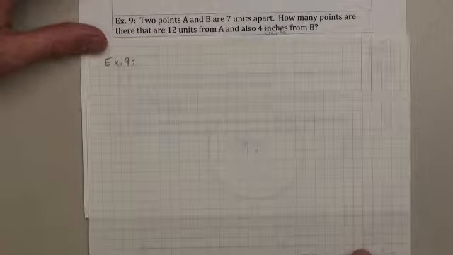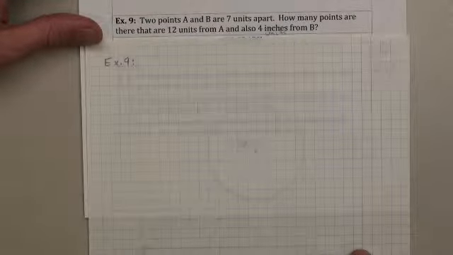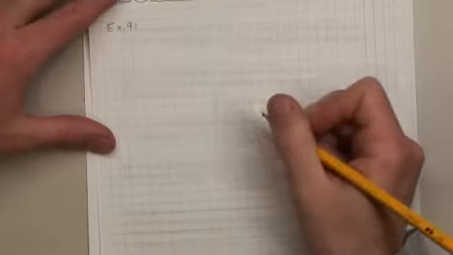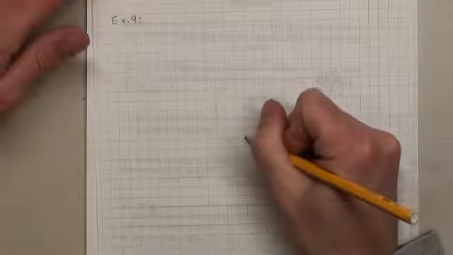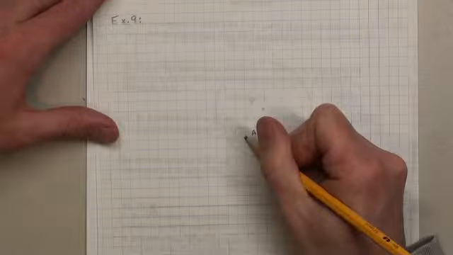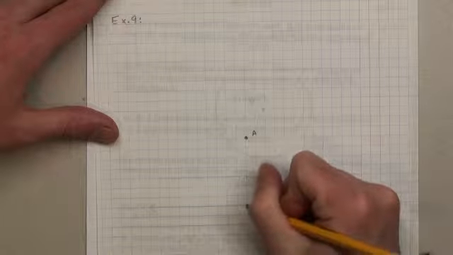Okay, that's a typo. Now, there's 7 units apart, and 12 units from A and 4 units from B. So I'm going to make A pretty far down the page, actually. I'm going to make it down here, and then I'm going to go A and down 7, 1, 2, 3, 4, 5, 6, 7, and I'm going to put B.